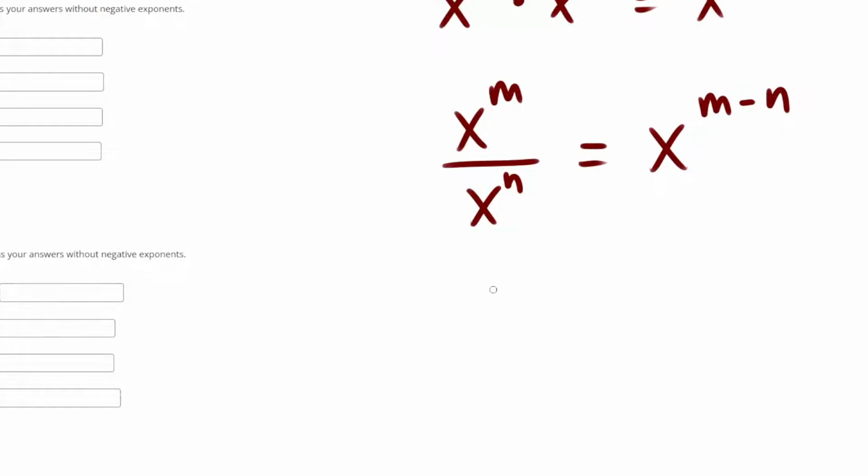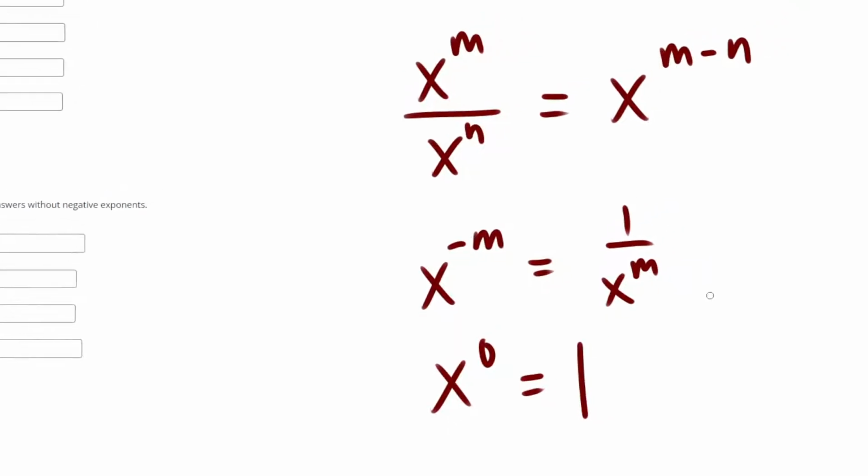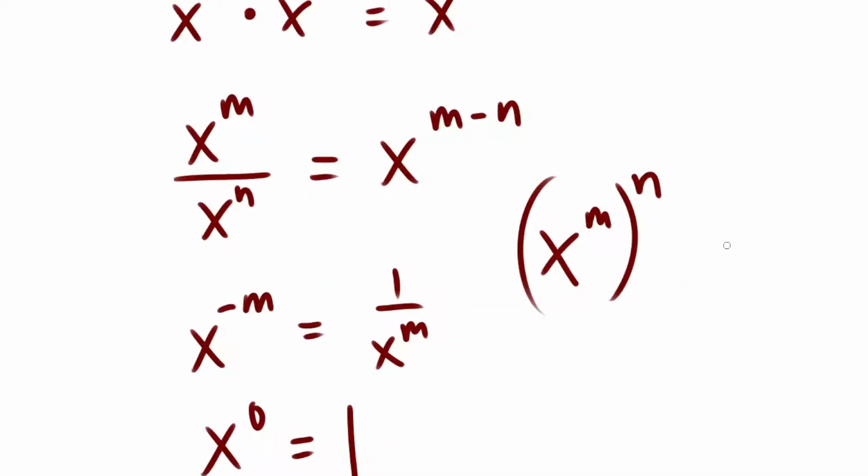And if you have something like x to the negative m, that's the same as 1 over x to the positive m. And if you have x to the 0th, that's exactly the same as 1. And finally, if you have x to the m, to the nth power, that is exactly the same as x to the m times n.